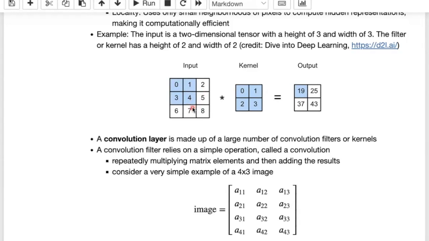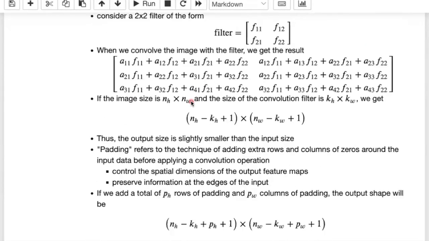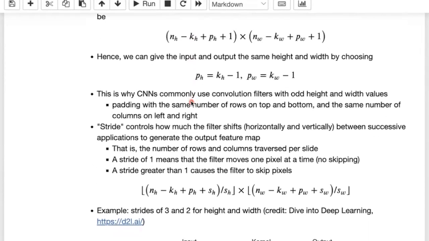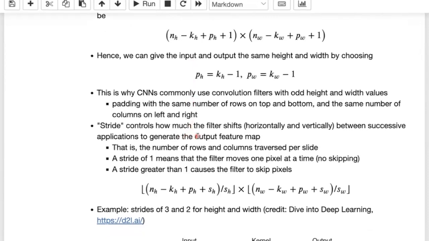But we can obviously change this, and we can, for example, move it to the right by 2 units or 3 units, especially if you have a large input or image. So that's the idea behind a stride, which means how much the filter shifts both horizontally and vertically between successive applications to generate the output.